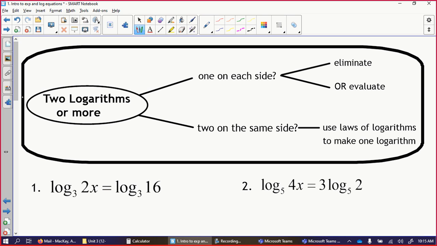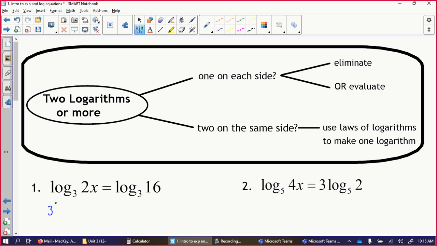This says eliminate. Log base 3 of 2x equals log base 3 of 16. You could try all sorts of fun stuff. We say eliminate. Really what we're doing is raising it to the power.